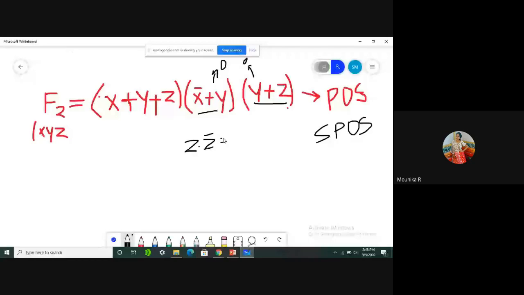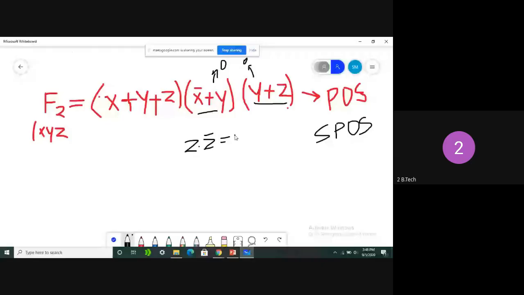Can anyone tell me using Boolean theorems? Z into Z bar, 1? Once again check it. Z plus Z bar is going to be 1, but Z into Z bar is always going to be 0. In the previous section we saw Z plus Z bar is always 1.